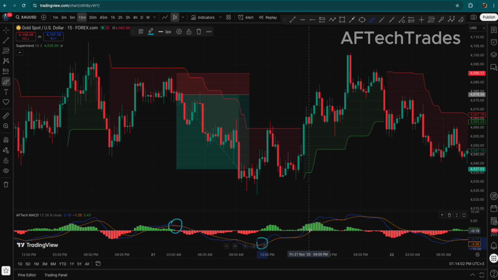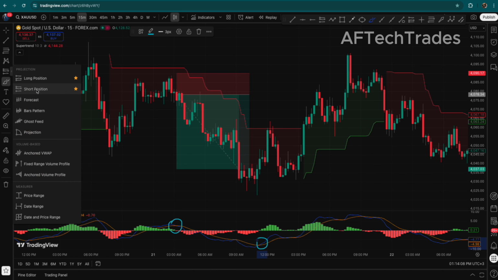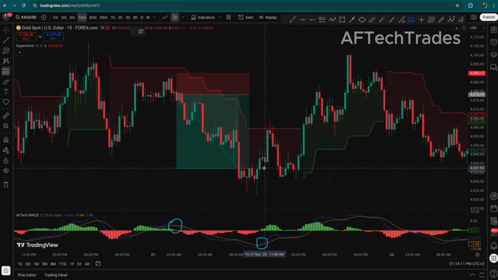Here is a crossover that happens here. You can see it, and this is a live market. So now you enter a long position, right? After your criteria have been met. Here you can't enter a long position because you need to wait for your Supertrend to be green, which you can see here.